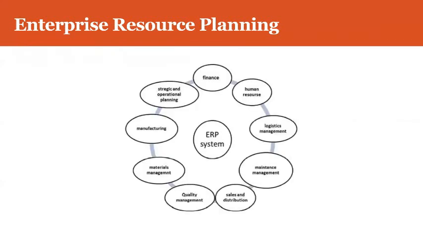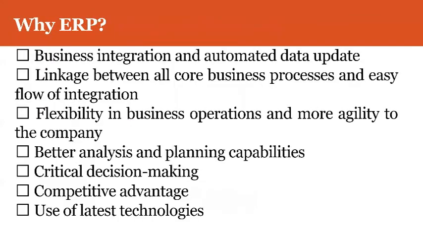These are examples of the ERP system. We have finance and human resource, which is used in processing the payroll of the company. We have also logistic management and maintenance management. All of that falls in the ERP system.